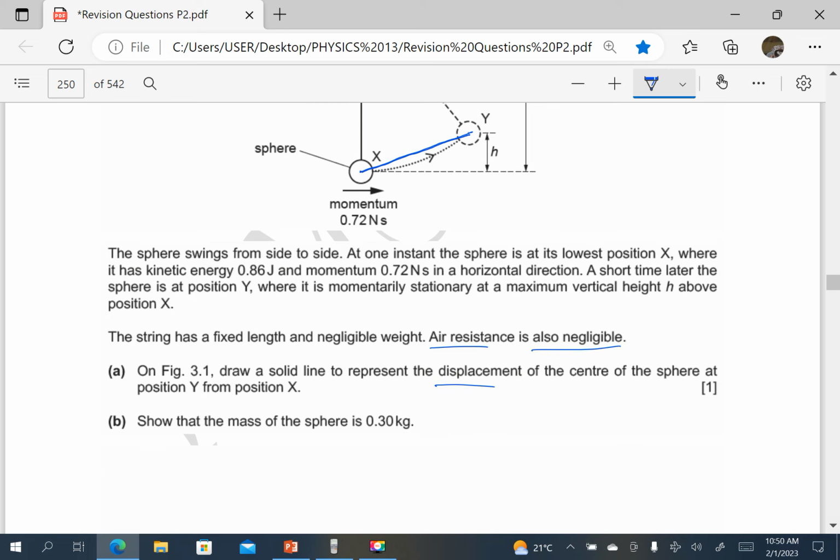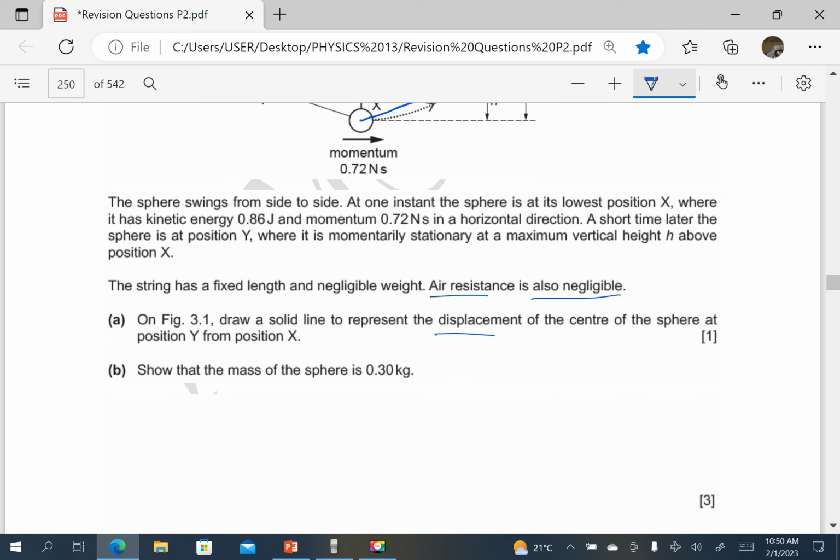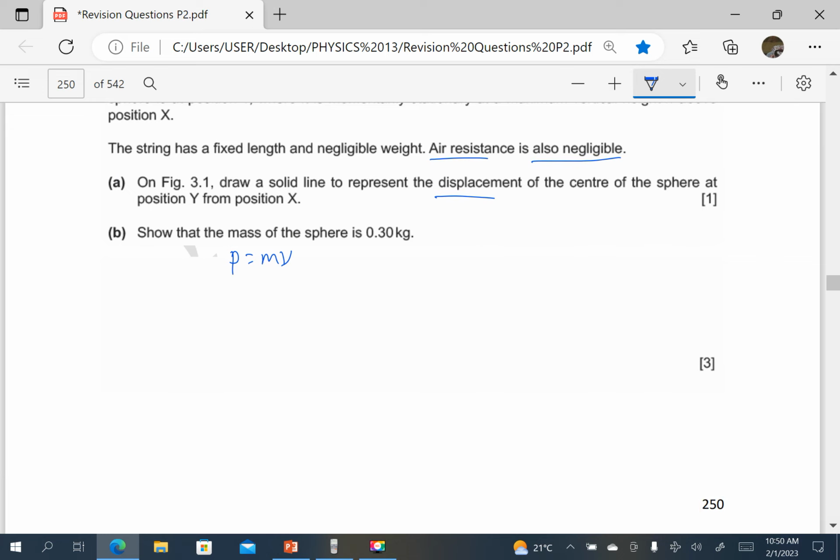Show that the mass of the sphere is 0.3 kilograms. So they have given us the momentum is 0.72 newton seconds. Let's begin with the momentum. We know that momentum is mass times velocity, which means 0.72 is equal to the mass times the velocity.